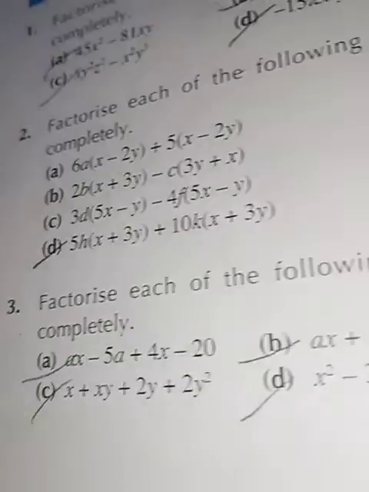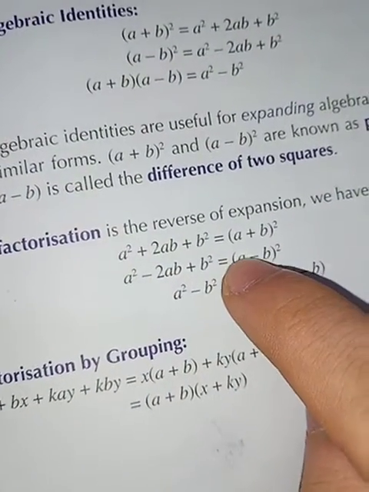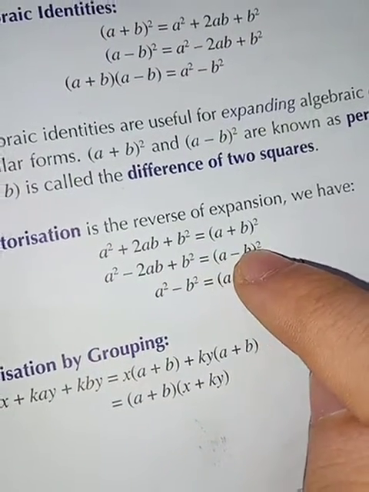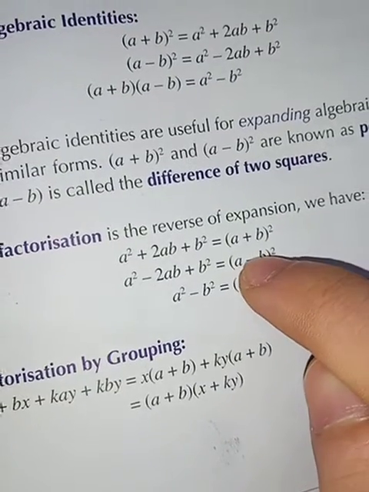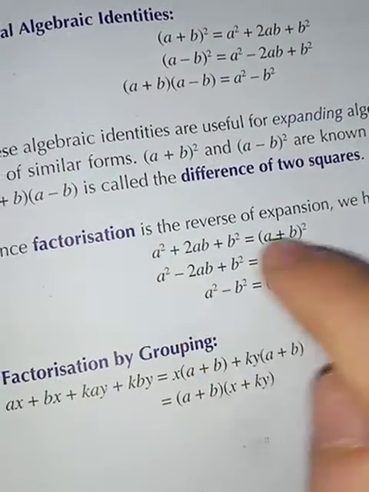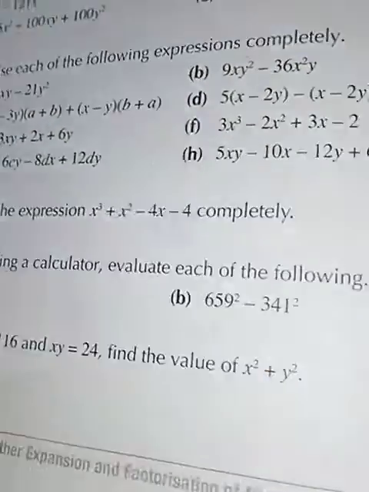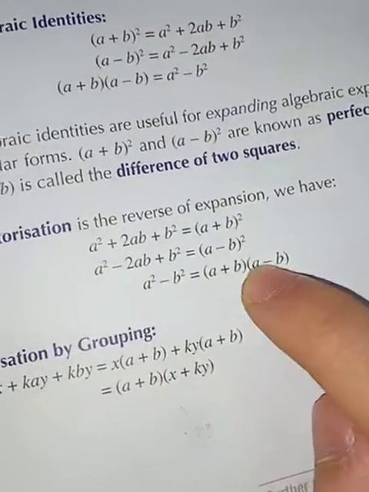Which one again? Like this one. Change it to this one. So again it was 899 squared, right? So it becomes 900 minus 1 squared, become this. So change it to this. Then you can calculate it. For this one, a square minus b square, change it from here to become here.